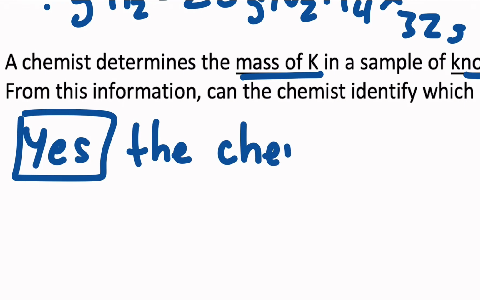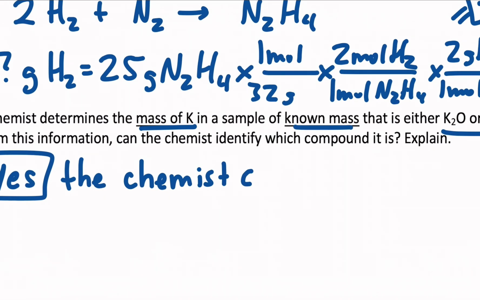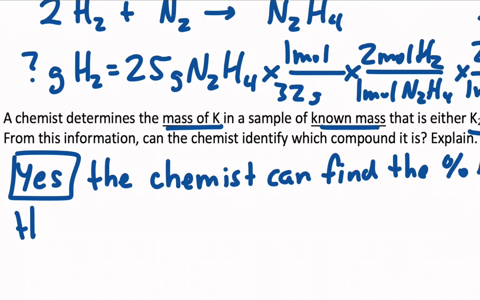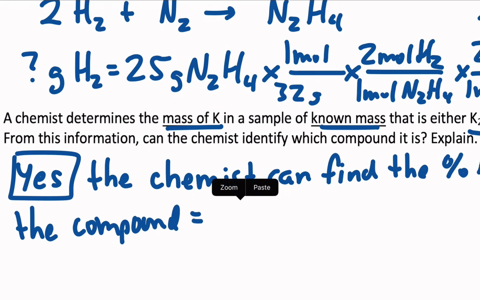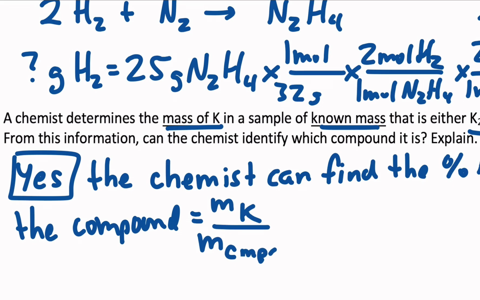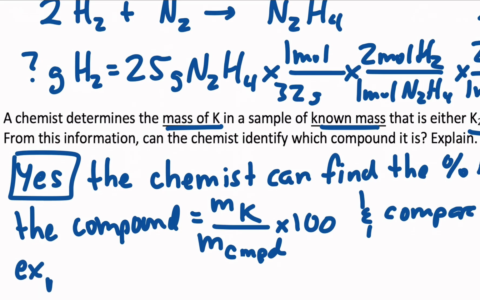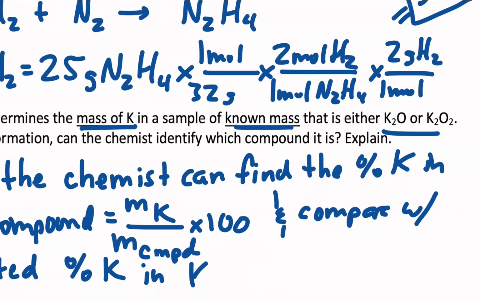the chemist can find the percent K in the compound, which is equal to the mass of K divided by the mass of the compound multiplied by 100, and compare with expected percent K in K2O and K2O2.